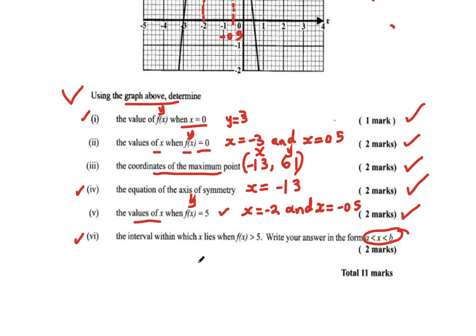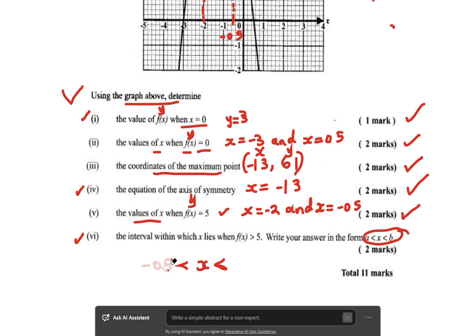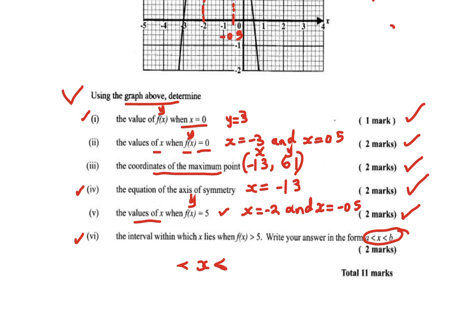So the answer would be, putting the lower number to the left, x is greater than -2 but less than -0.5. Remember that -0.5 is greater than -2. So that represents the interval right here between -2 and -0.5.